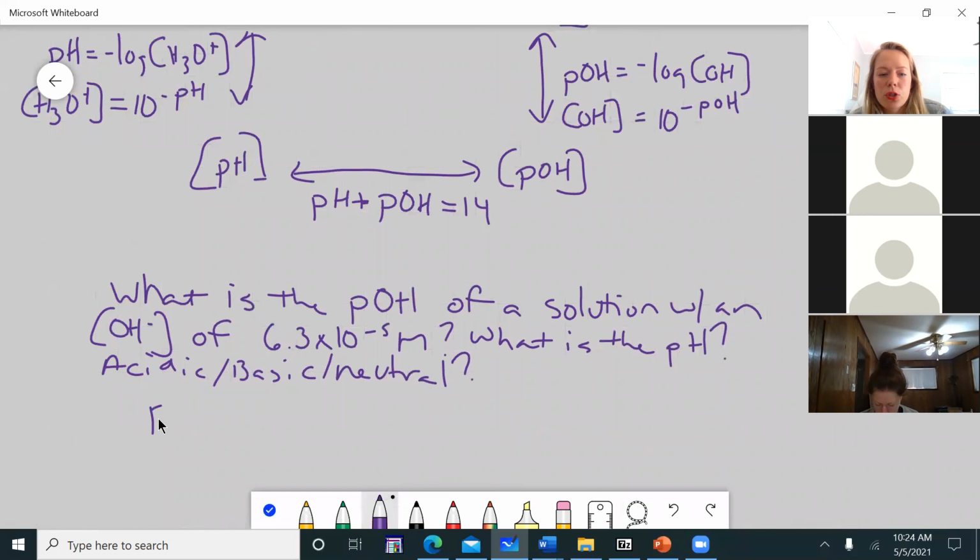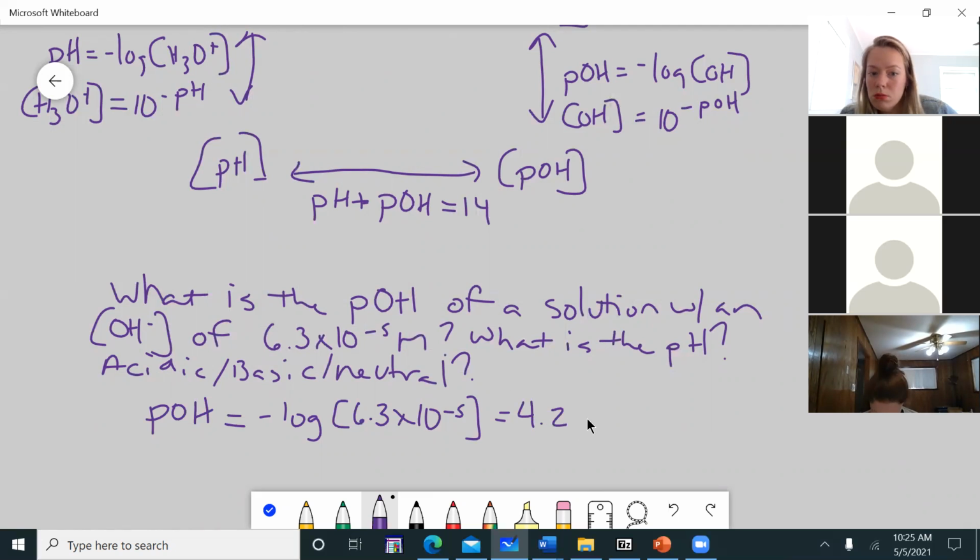Now we know pOH is equal to the negative log of the OH concentration, and I'm just going to insert it right in here, this 6.3 times 10 to the negative fifth. So our pOH is 4.2.